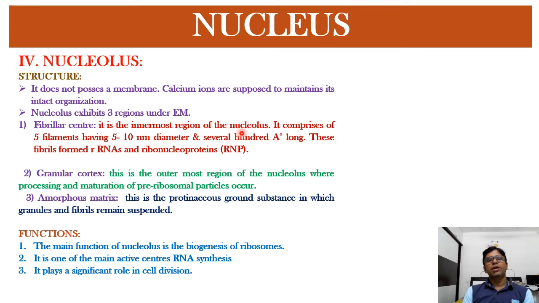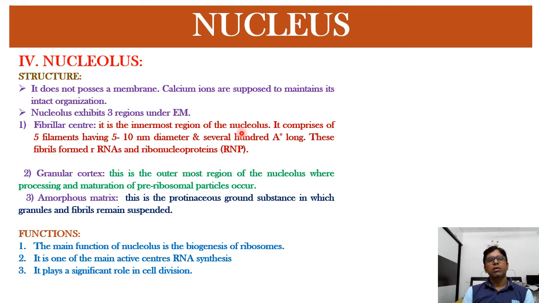The fibrillar center is the innermost region. Each filament measures 5 to 10 nanometers in diameter and several hundred angstroms long. These fibrils formed ribosomal RNAs, rRNAs, and ribonucleoproteins, RNPs.